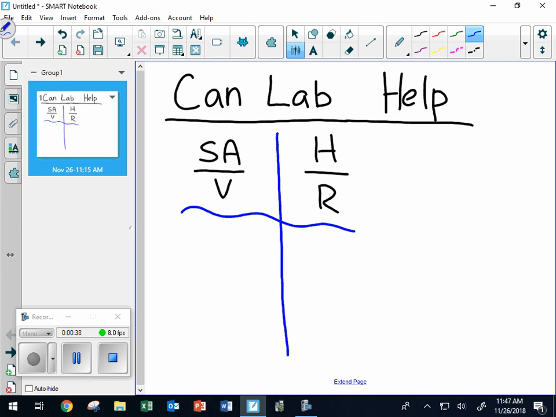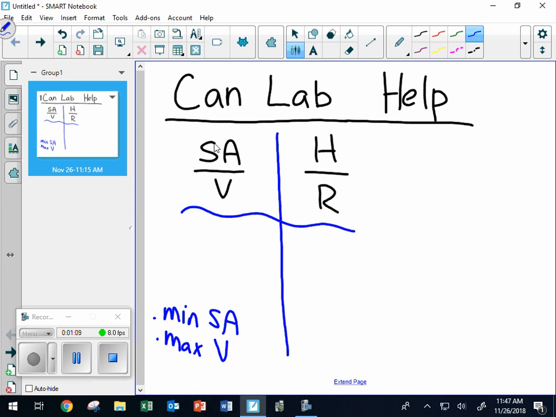The entire point of this lab is we want to find the largest volume for the minimum surface area. So the least amount of metal, or surface area, on our can, but the most amount of volume. From your three cans, you should find one of them that fits these two conditions better than the other two.